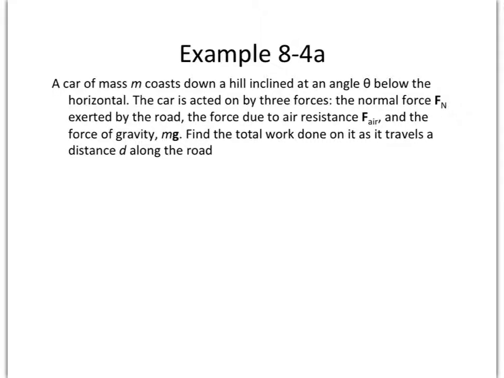So I'm going to draw my car. I'll draw it up on the corner right here. There's our angle. Here's our car right here, and it's coasting down a hill. What we want to do is label all the forces on it.